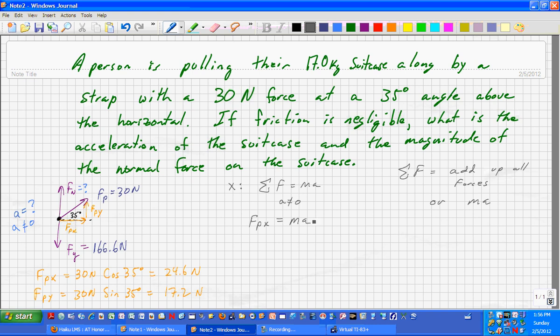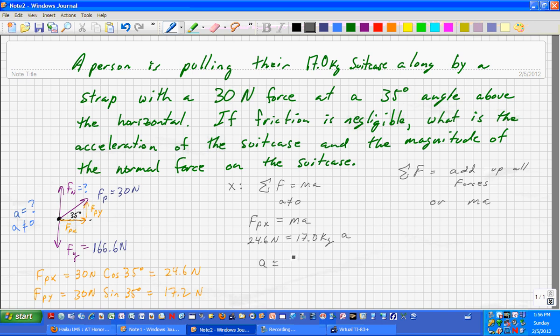So let's put in our numbers. Fp in the x direction is 24.6 newtons, equal to the mass of the suitcase, which is 17.0 kilograms, times the acceleration. So we divide both sides by 17 to get the acceleration.